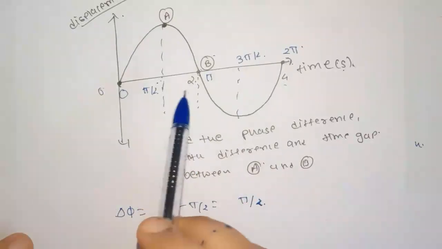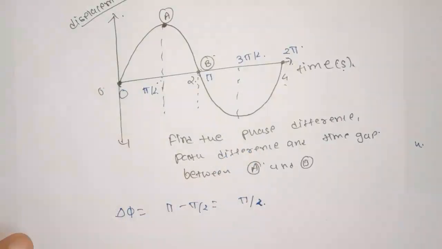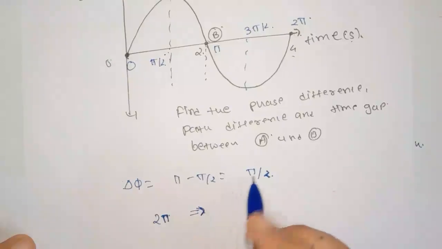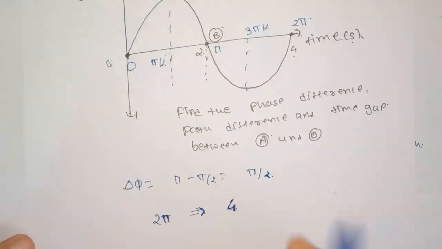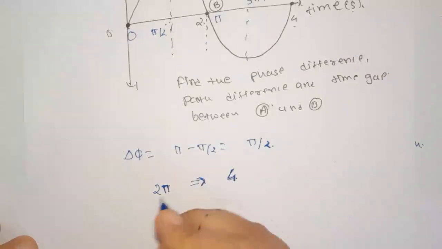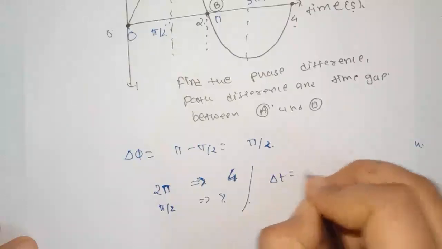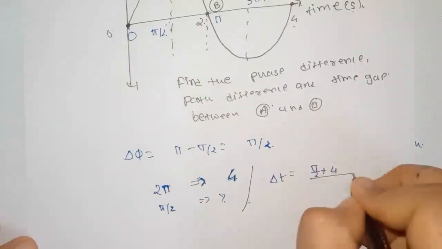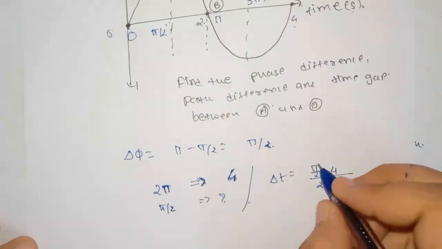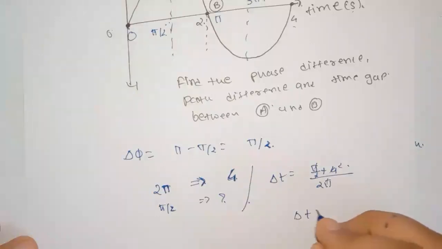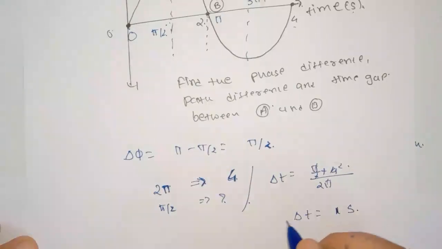Now we want to find the path difference and the time gap. So for the angle of 2 pi, the time gap is 4 seconds. Then what will be the time gap for the angle pi by 2? So delta t will be pi by 2 into 4 divided by 2 pi. This pi will get cancelled out. So delta t will be equal to 1 second.